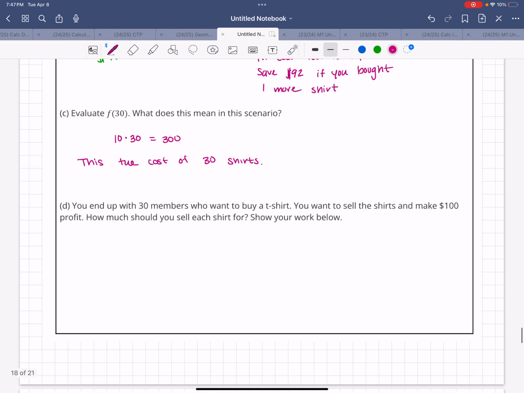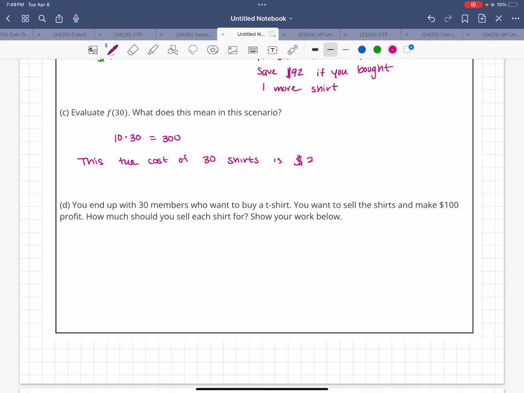Now we actually use this in part D because we say we end up with 30 members who want to buy a t-shirt, but you want to sell the shirts and make $100 profit. So how much should you sell each shirt for? Show the work below. So we know that the cost of 30 shirts is $300.